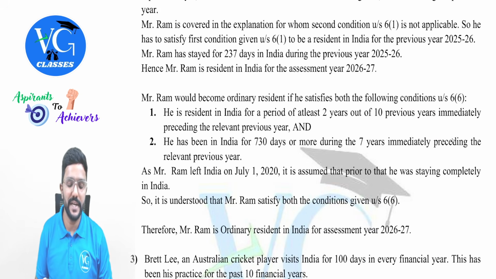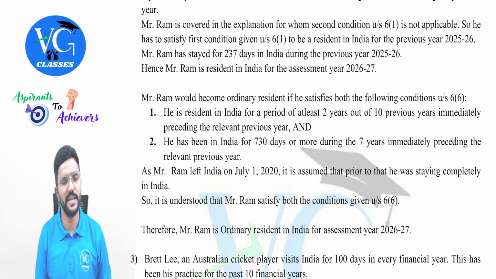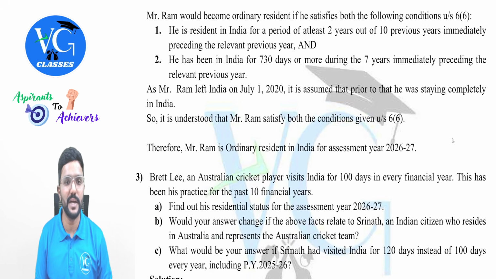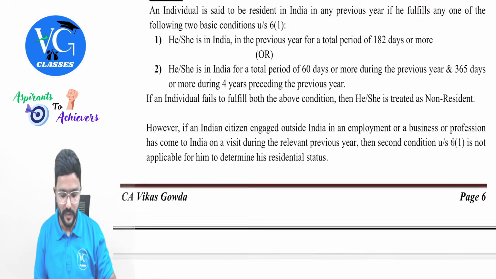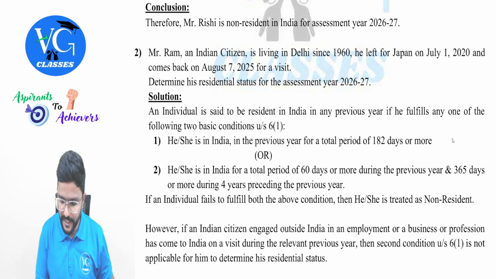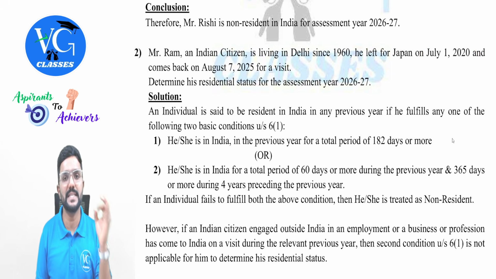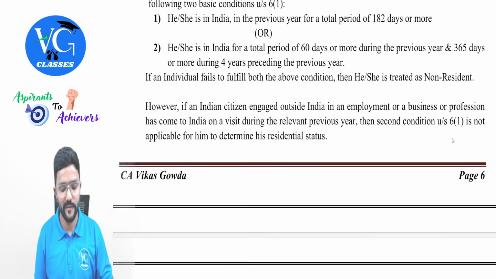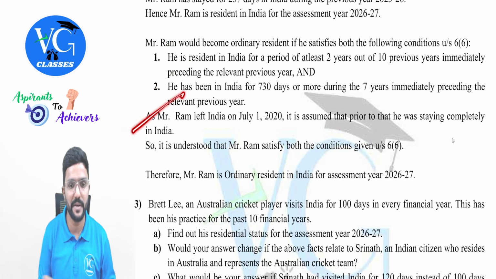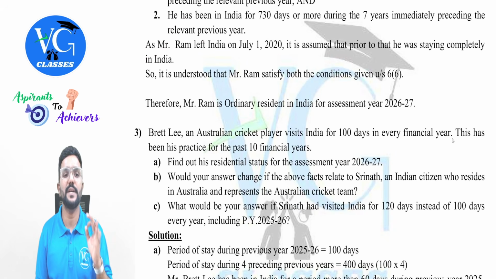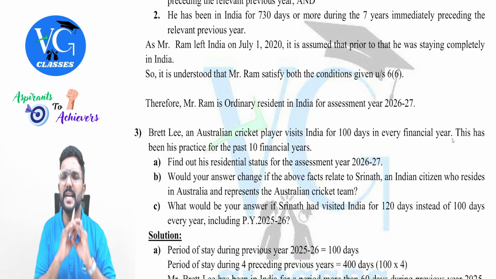Okay, guys. So is he resident now? Yes. Once he is resident by satisfying the first condition, we will go and check the additional conditions. Yes, sir. Now, did he satisfy both the conditions? Yes. See, nothing with respect to his past they have given in detail in the question. But they have told that before 1st July 2020 he was completely in India. So if I take the last 10 years and 7 years as per section 6 subsection 6, will he satisfy both the conditions given under section 6(6), guys? Yes. You can see I have given a sentence: as Mr. Ram left India on 1st July 2020, it is assumed that prior to that he was staying in India completely.